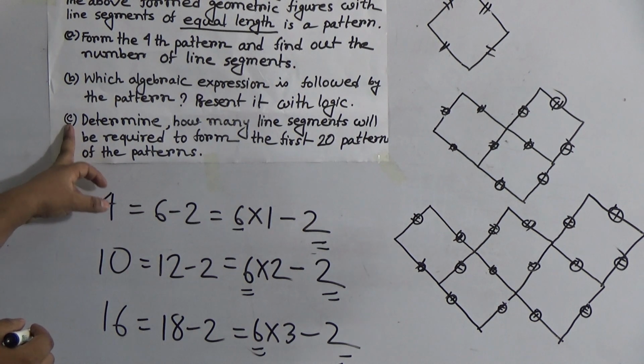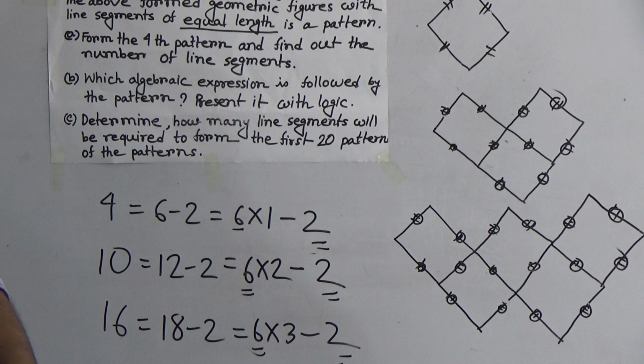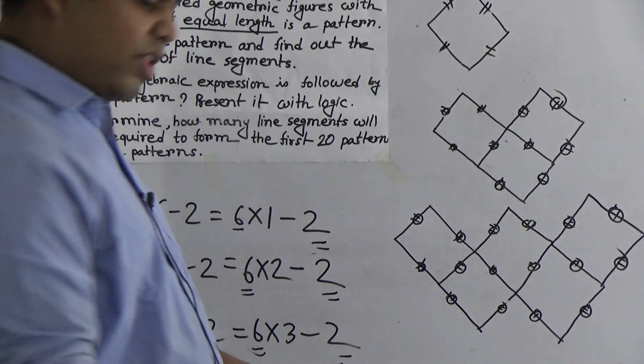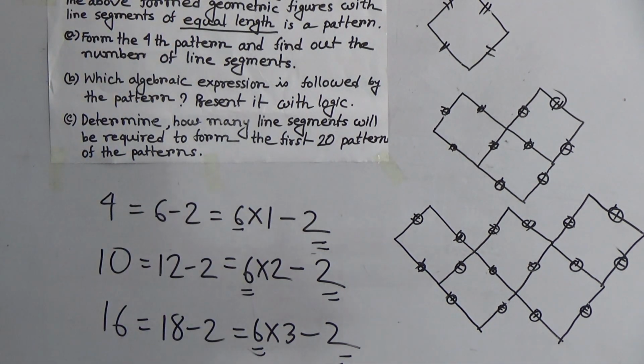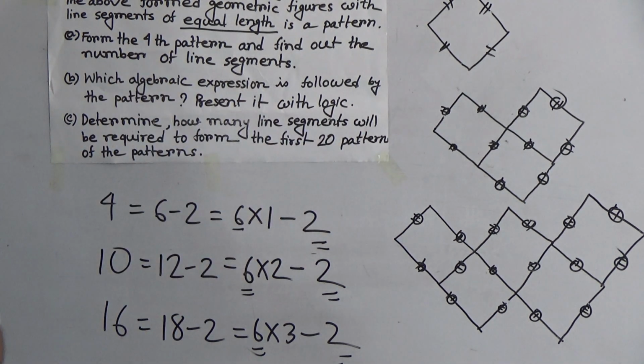Next we shall solve question number C: determine how many line segments will be required to form the first 20 patterns. My dear student, in order to solve this math, at first we need to know how many line segments there are in 20 patterns.